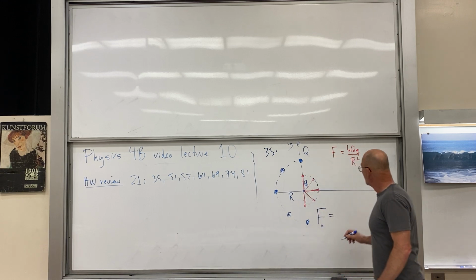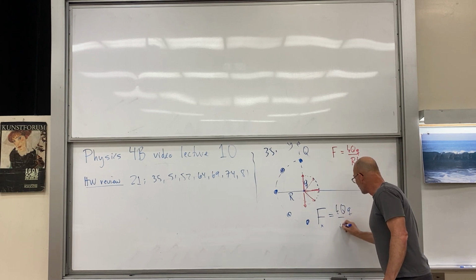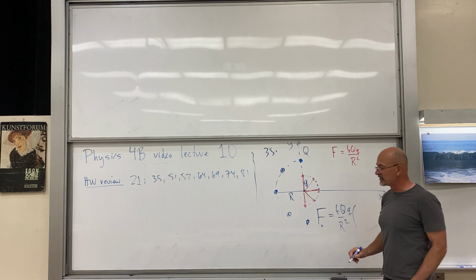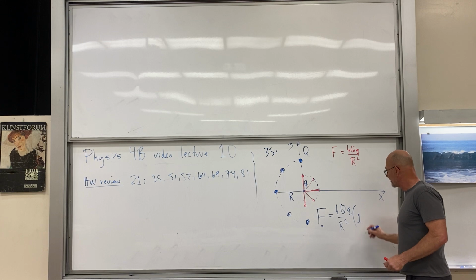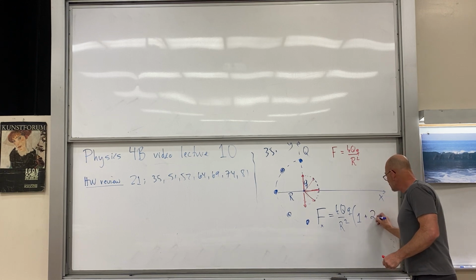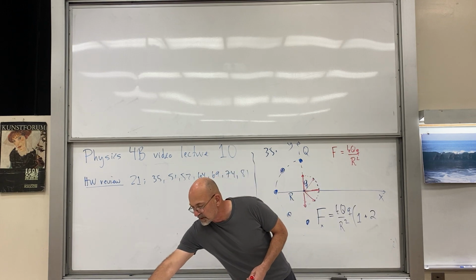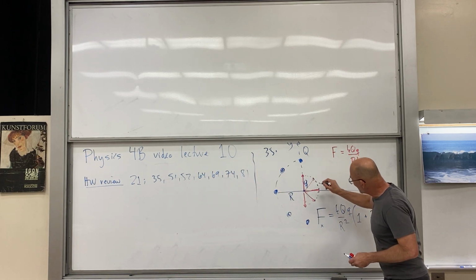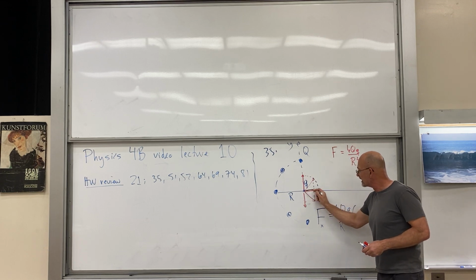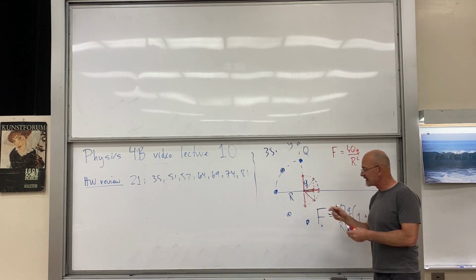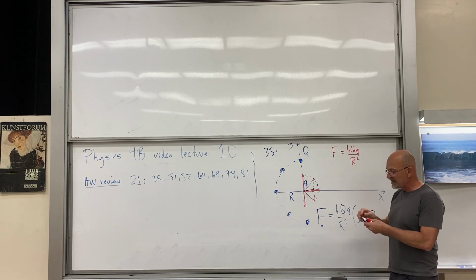Fx, we have kQq over r squared times 1 for this thing here, plus 2 times the projection. Both of these here have a projection in the x direction, and that's 2 times the cosine of theta.